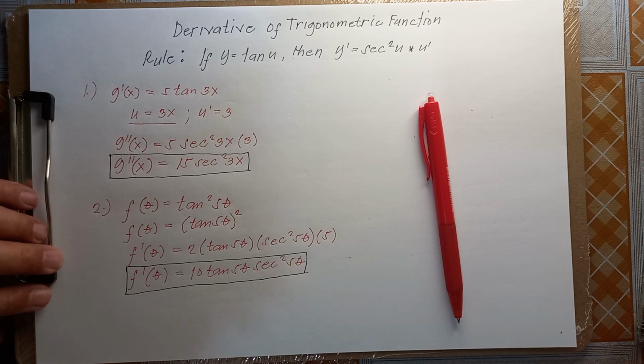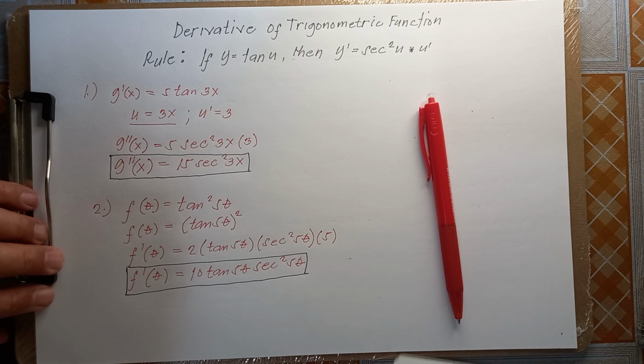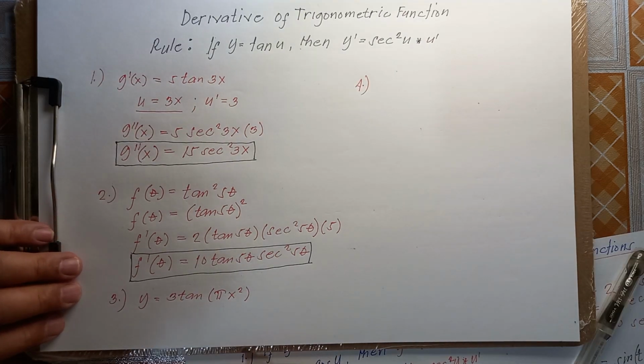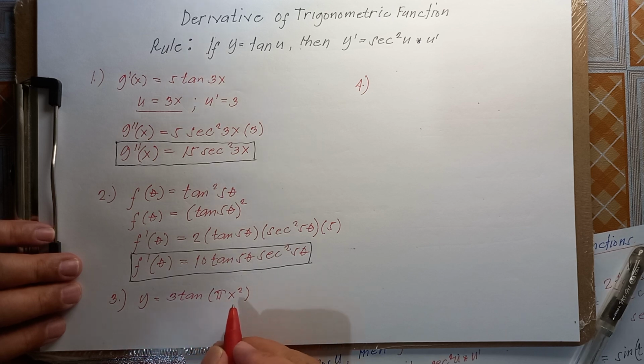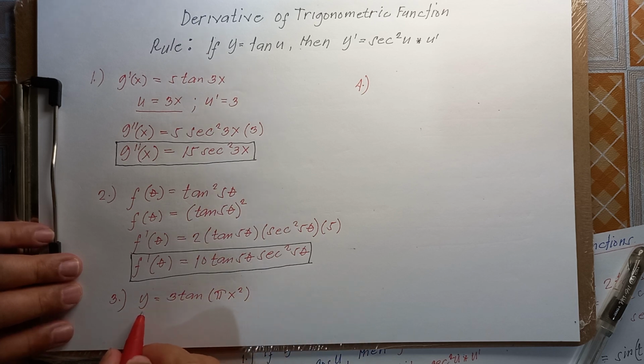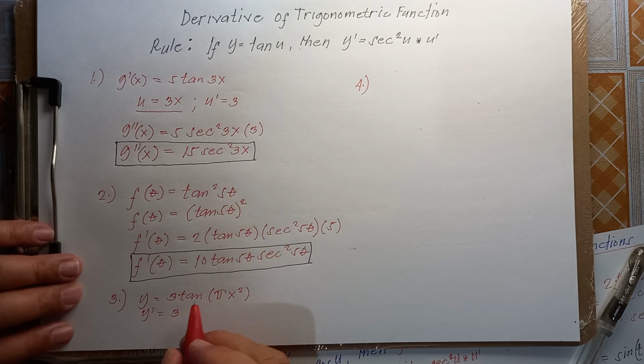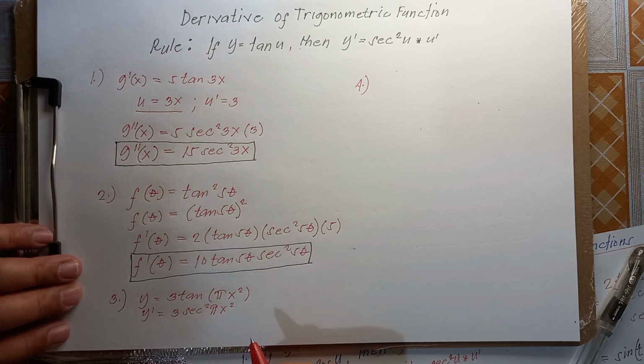Okay, so next, for our number 3, our trigonometric function is y equals 3 tan of pi x squared. When we get its derivative, y prime is 3 multiplied by the derivative of tangent, which is secant squared of pi x squared.